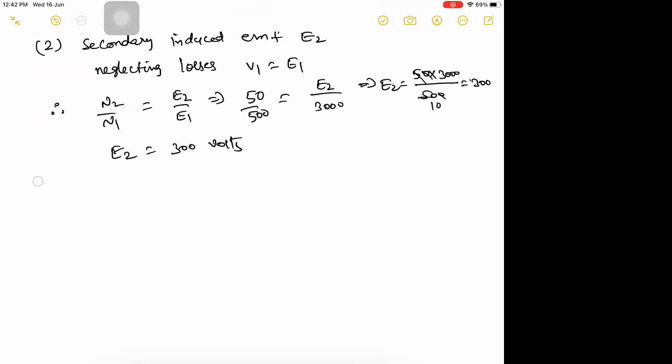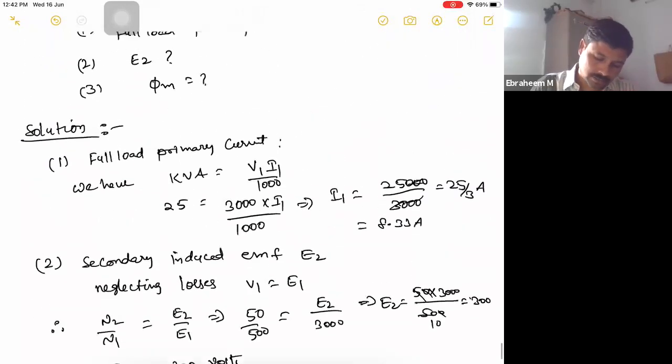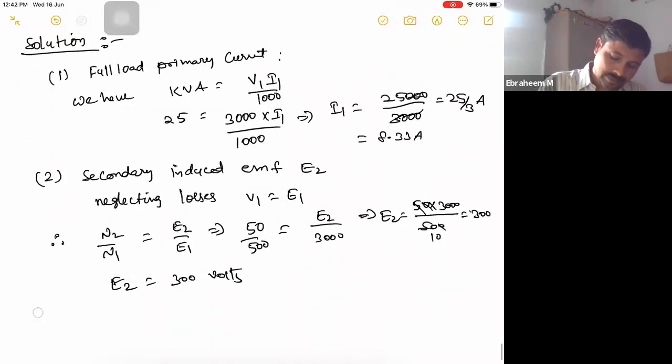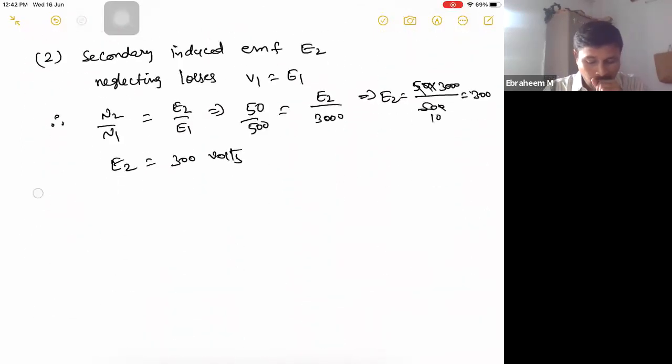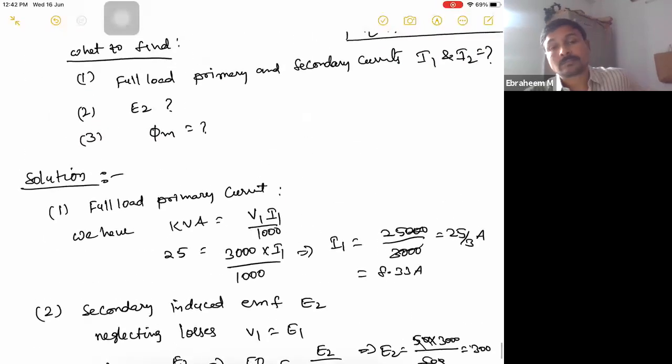Yes. Now what is the next one? The third one, phi maximum. So how can we find phi maximum? Is the cross section area of the core given? Not given.